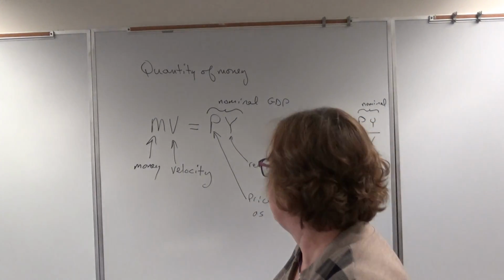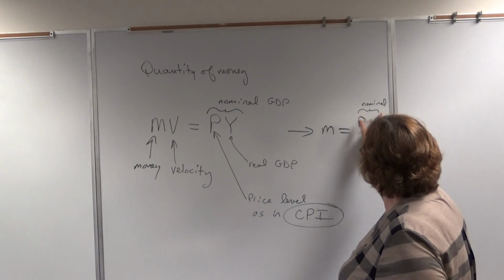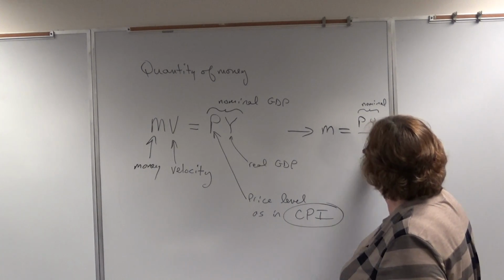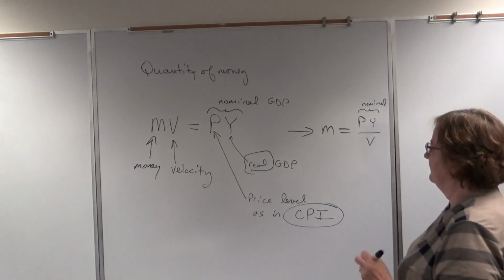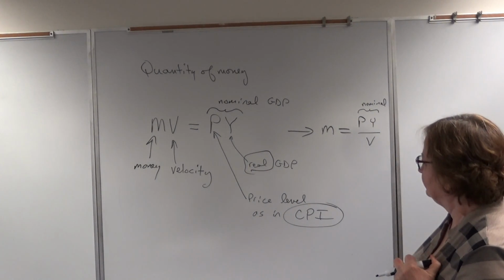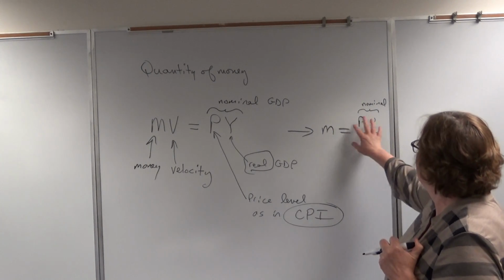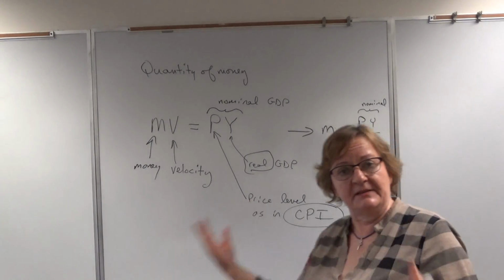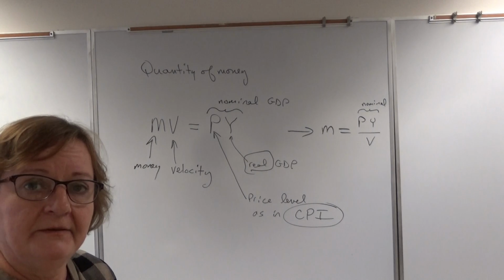So you could say, okay, you've got some nominal amount of GDP, which is the price level times the real GDP. And so the money will be the nominal amount of GDP divided by how many times it's spent. So money can have an effect on the economy.